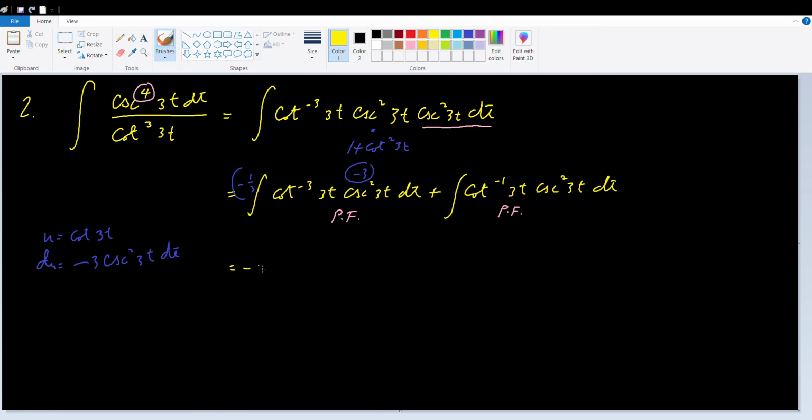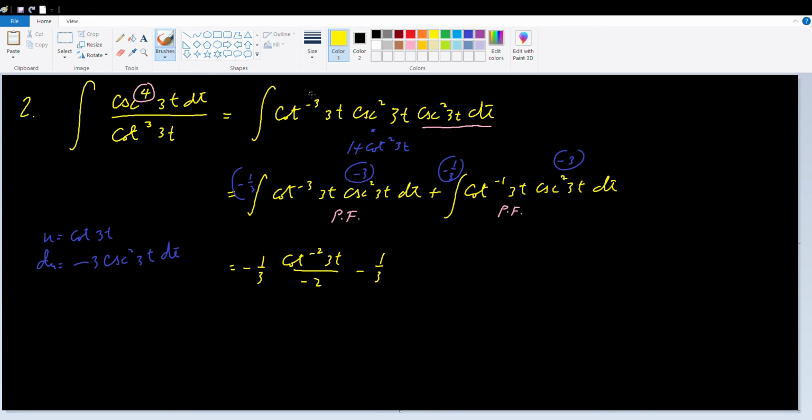So it will be negative 1/3, and cotangent to the negative 3 will become cotangent to the negative 2, 3t all over negative 2. For the second integral, it lacks the same constant negative 3. Again, we multiply it by negative 1/3.